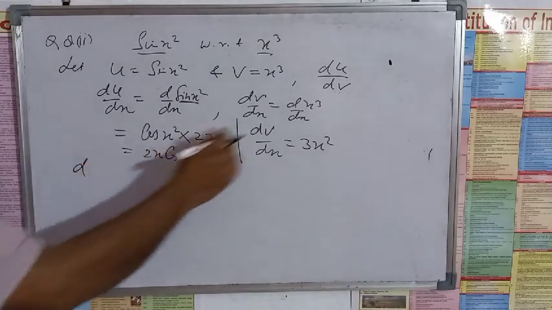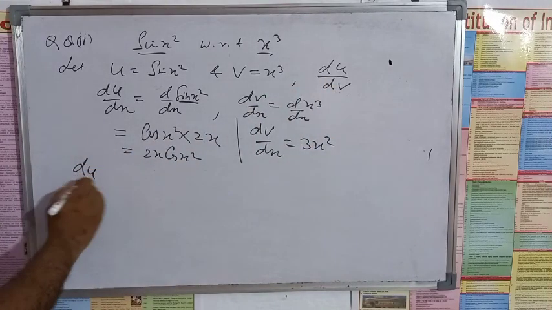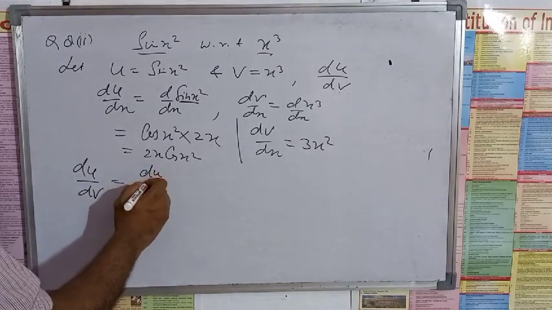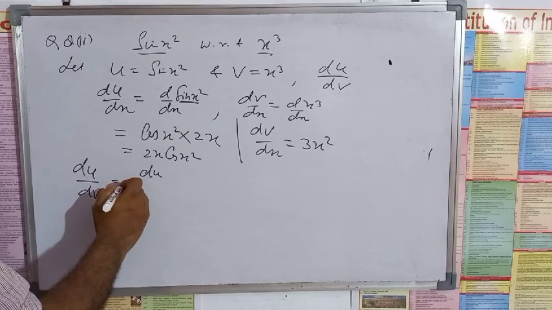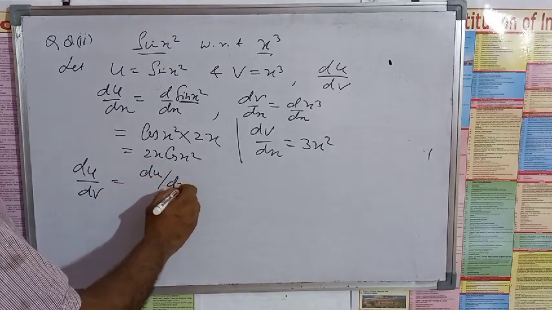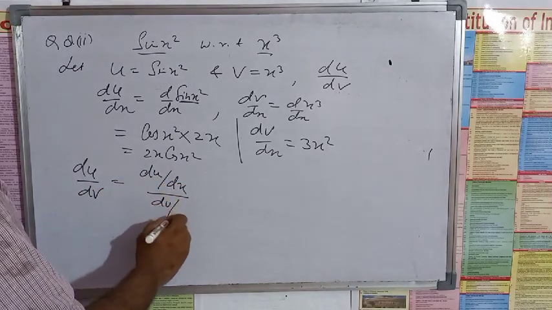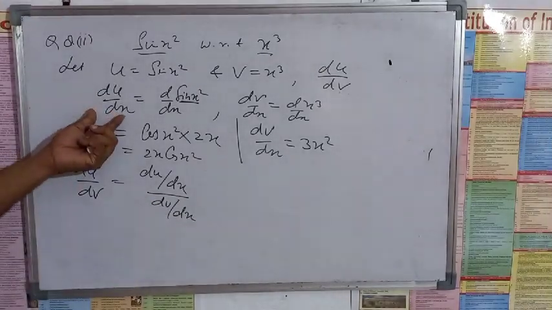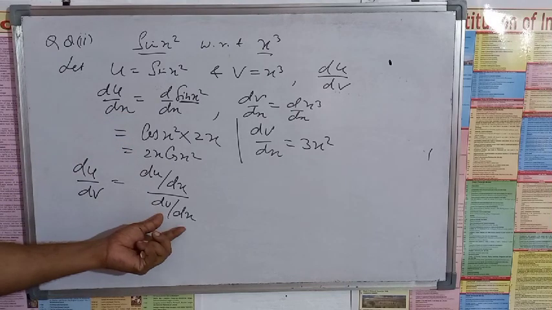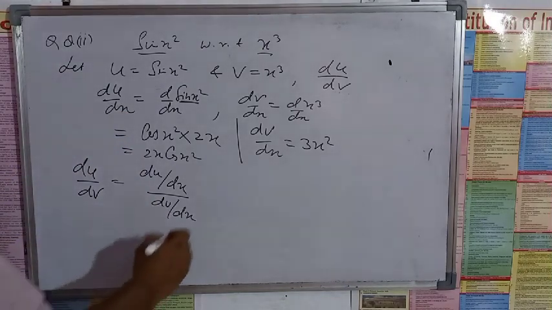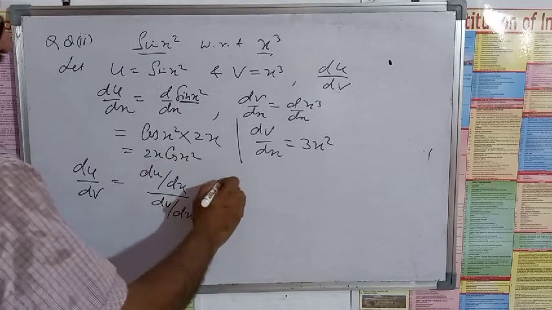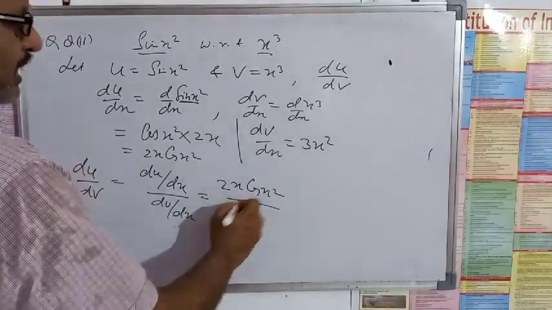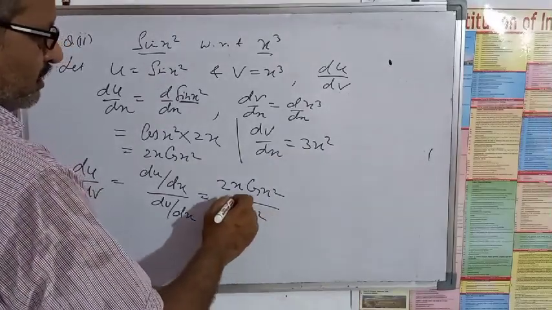But we have to find here du by dv. So du by dv means du by dx divided by dv by dx. So du by dx is 2x cos x square and dv by dx is 3x square.